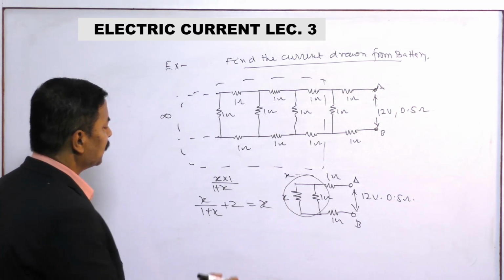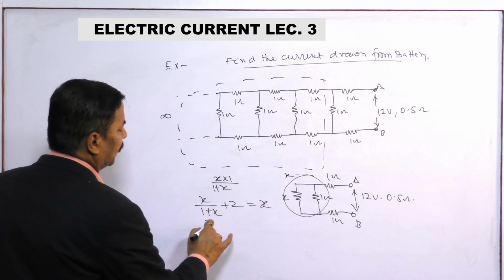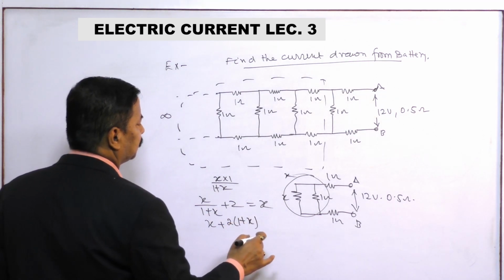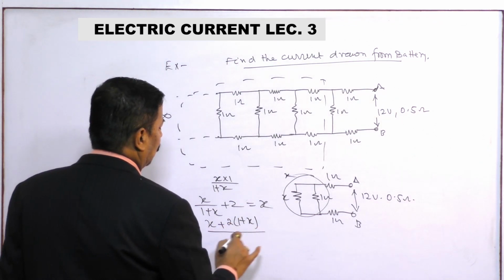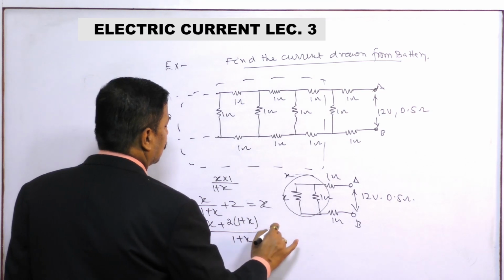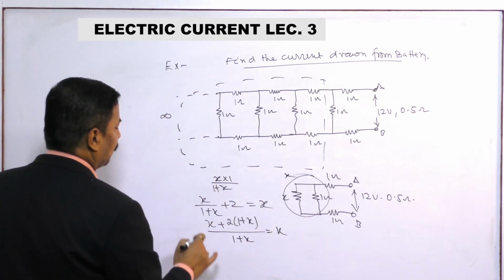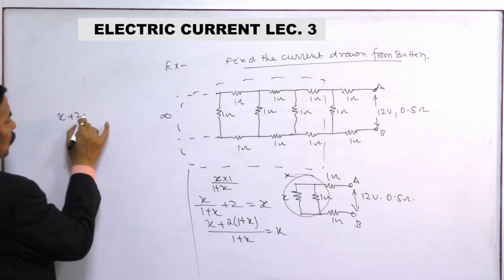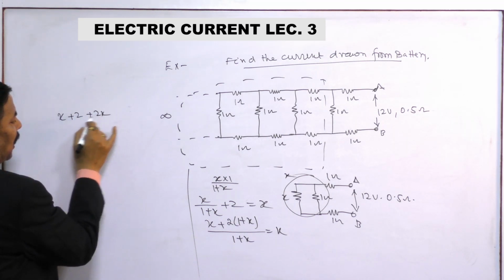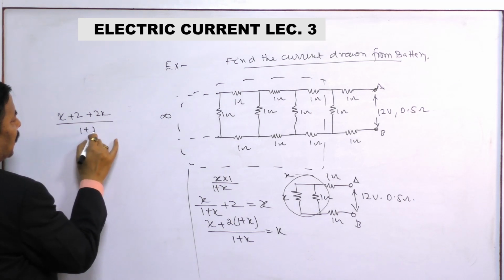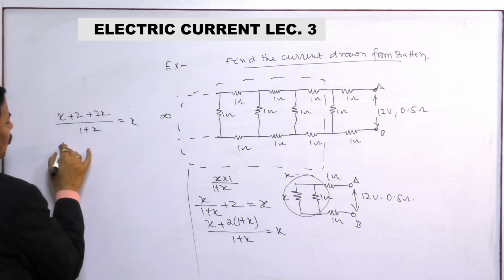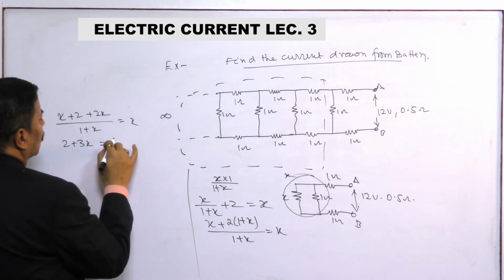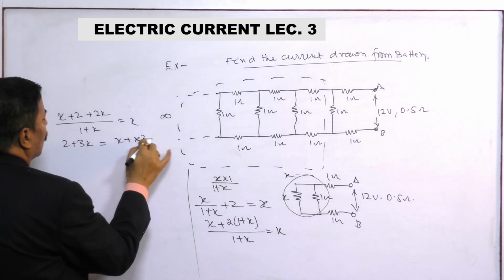So when this is x, what can we get? We get x plus 2 into 1 plus x by 1 plus x is equal to x. This gives you x plus 2 plus 2x by 1 plus x is equal to x. 2 plus 3x is equal to x plus x square.